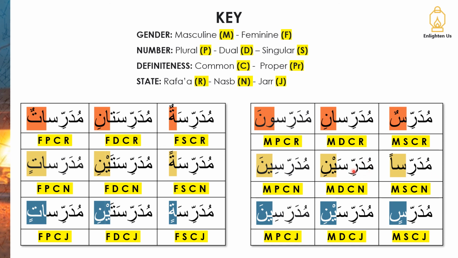So we would say mudarrisaini is the correct word to use. If I was to ask you, for instance, for the feminine dual, common, nasab, you would know it's this one. Mudarrisataini is the correct word to use. So it's definitely worth learning these two charts, and we'll do much more practice with them.